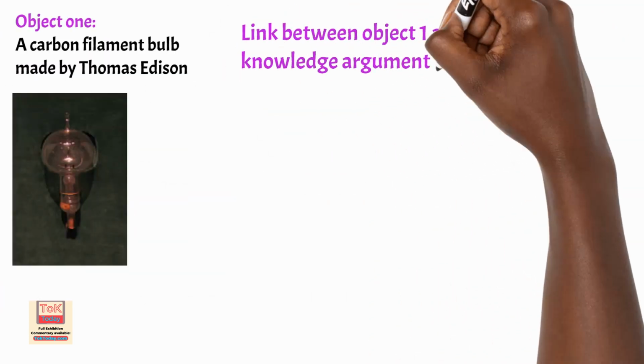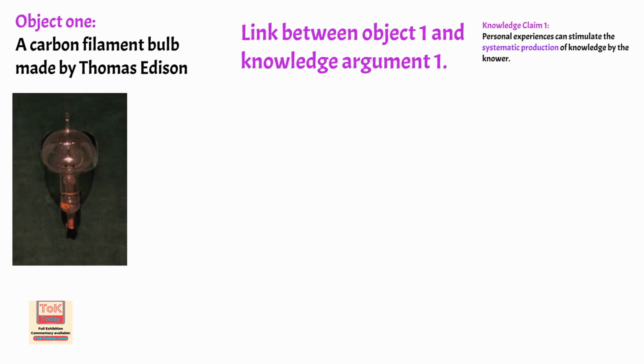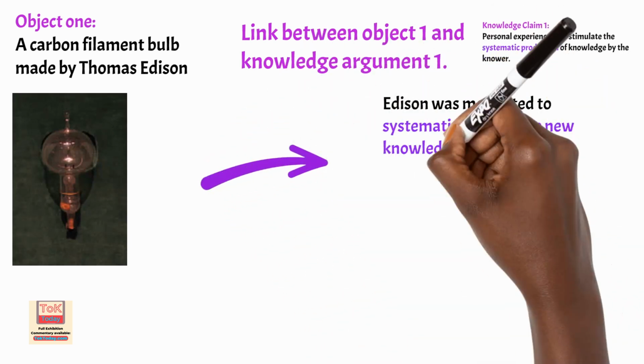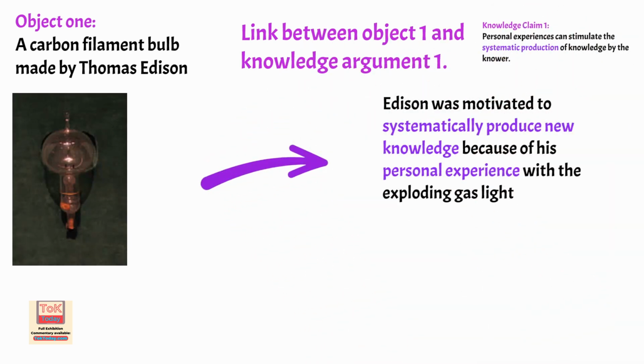Moving on, we now need to explore the link between Object 1 and Knowledge Argument 1. If you remember that Knowledge Argument 1 was that personal experiences can stimulate the systematic production of knowledge by the knower, we're simply going to say that Edison was motivated to systematically produce new knowledge because of his personal experience with the exploding gaslight.